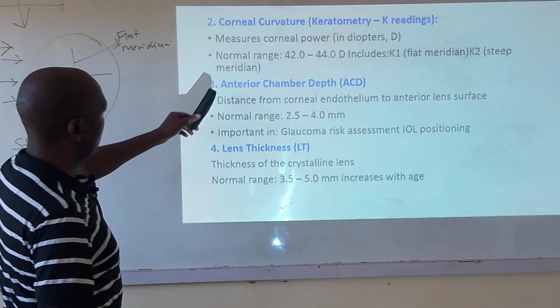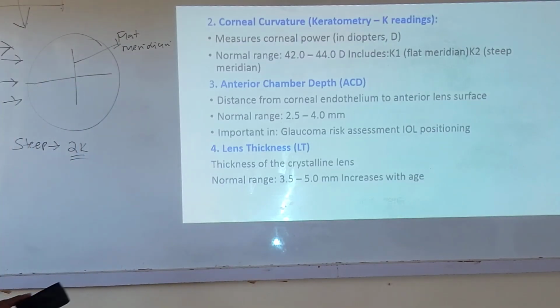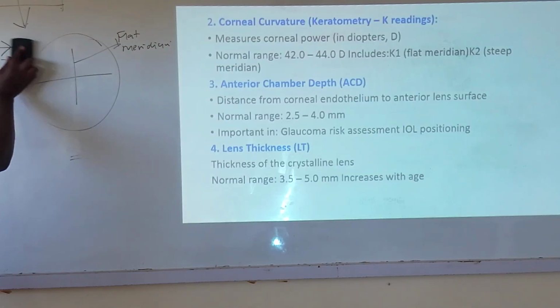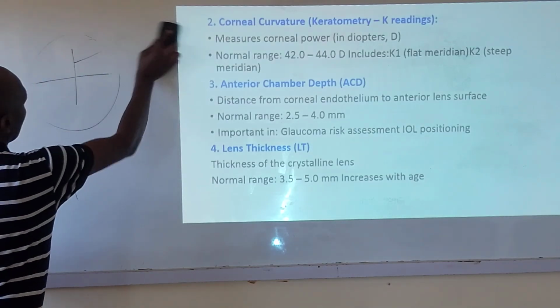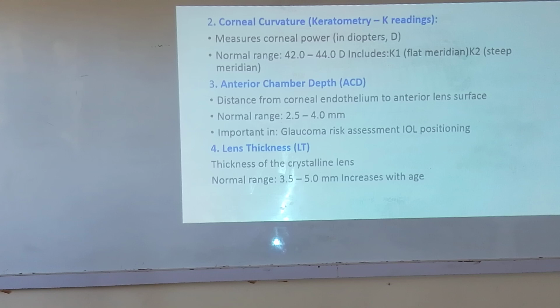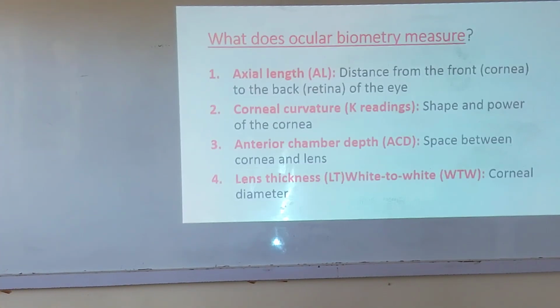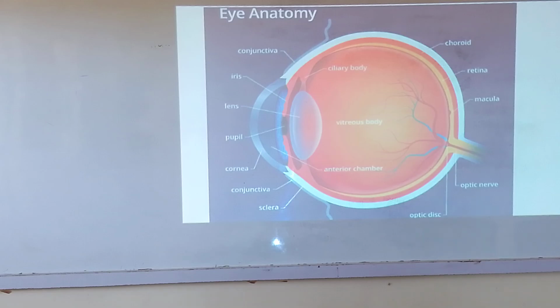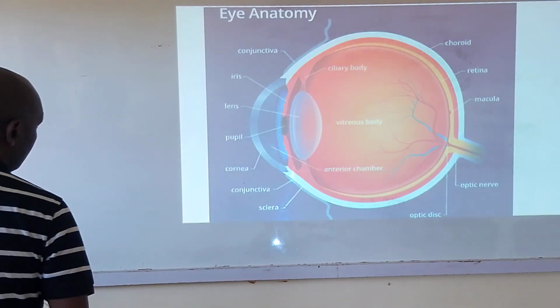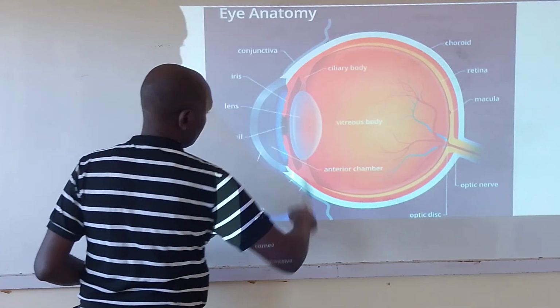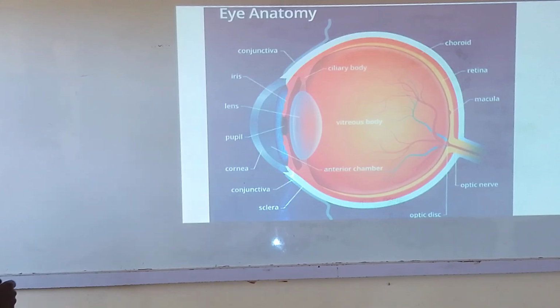So another thing is the anterior chamber depth. You will have to go back to our previous diagram of the eye to be able to explain what the anterior chamber means. Remember, this eye is usually divided in two segments.